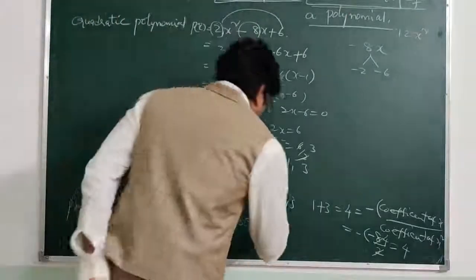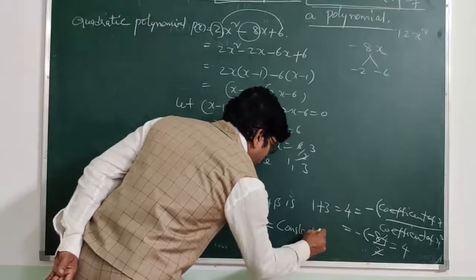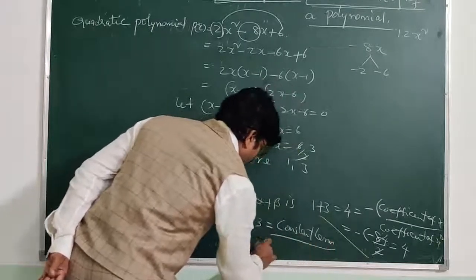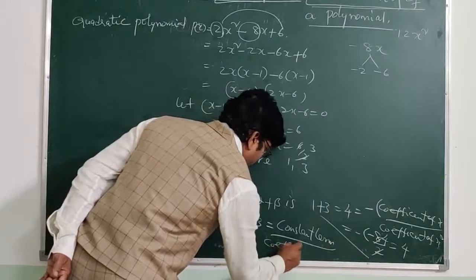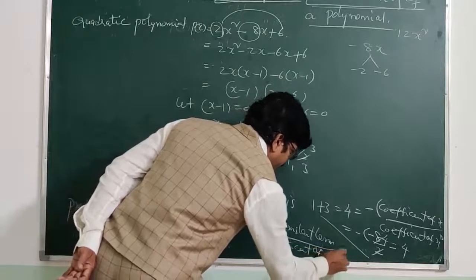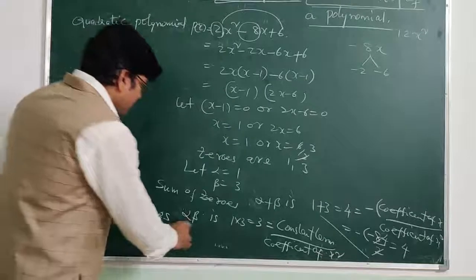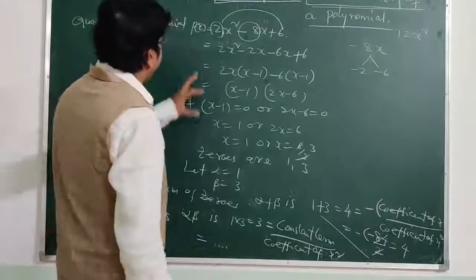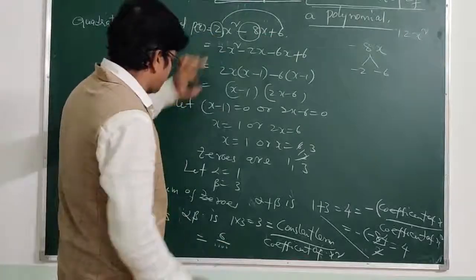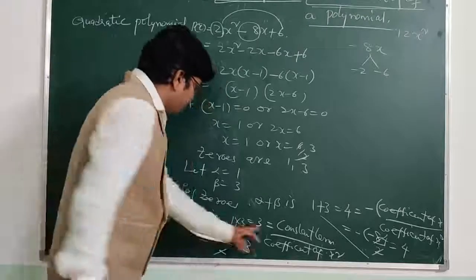The constant term is 6, and the coefficient of x square is 2, so 6 by 2 is 3. Alpha beta is 3.